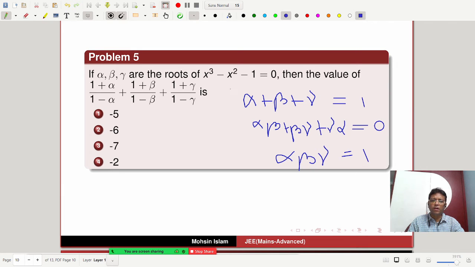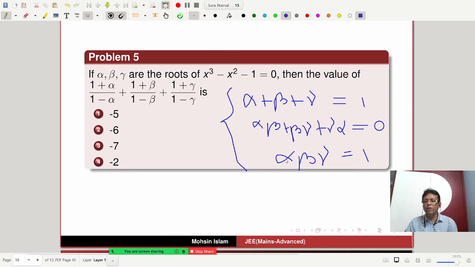So these are the pieces of information you have from the given equation, but this is not very helpful in the calculation of this part. If you calculate (1 plus alpha)/(1 minus alpha), the calculation is not so easy in this case, because these results are not so helpful, and during exams this will be a very complicated term.